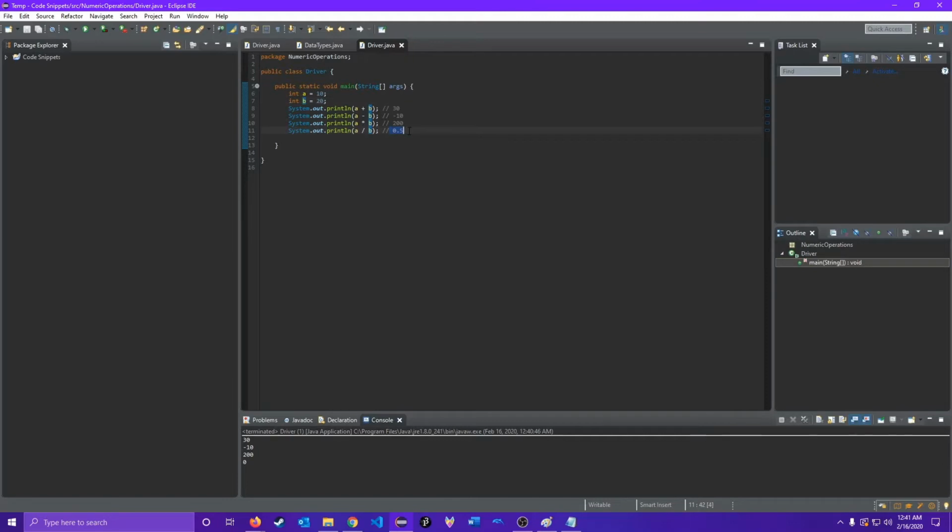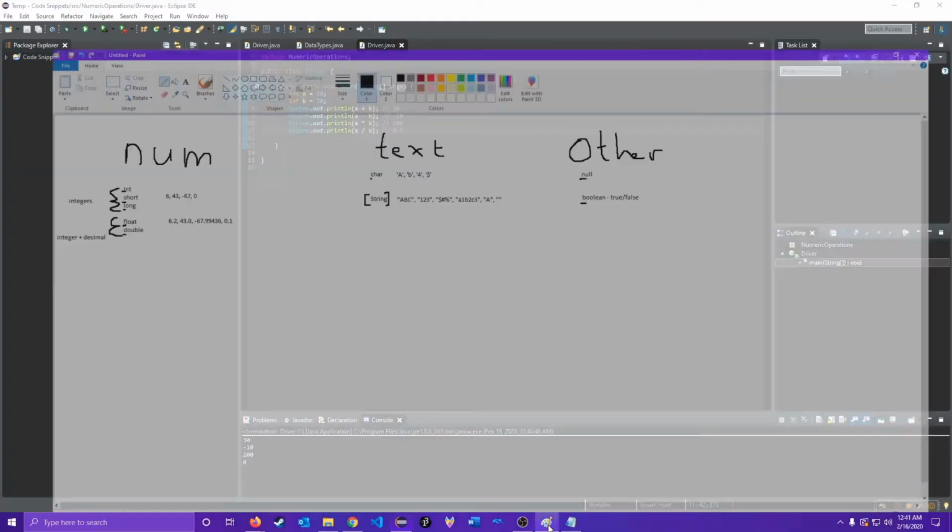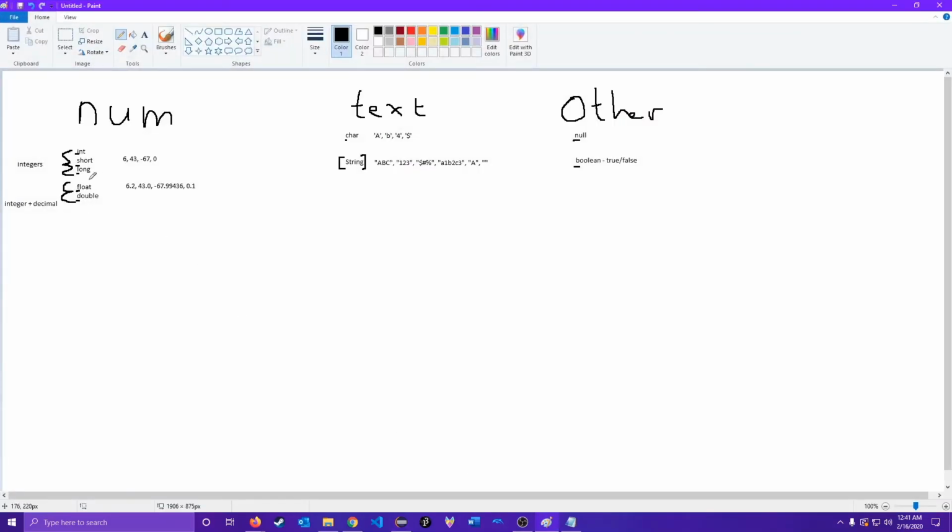Now, 0.5 is not an int. 0.5 is a floating point number. That means it has an integer and it has a decimal point, which, going back in here, we know is either a float or a double, because integers, the int, short, and long, cannot store decimal points.